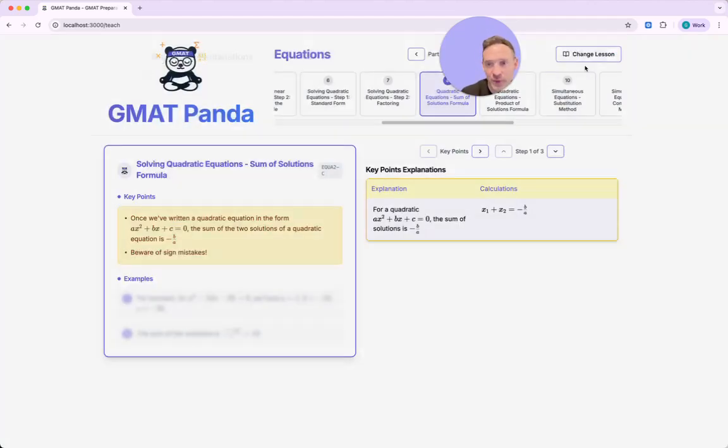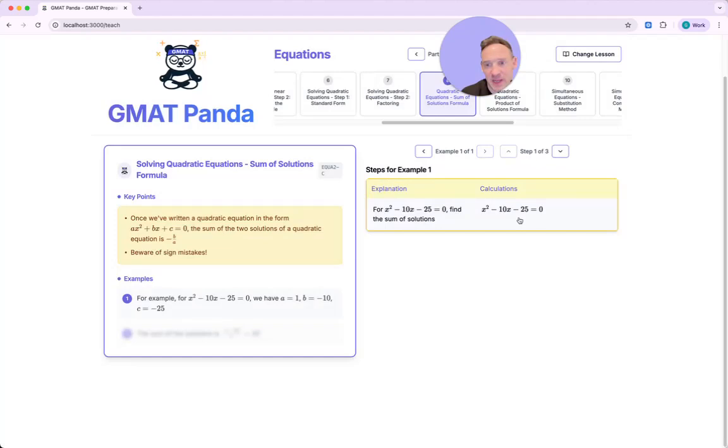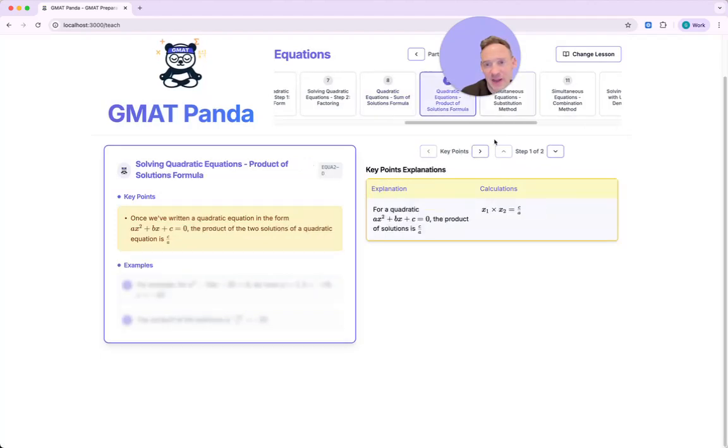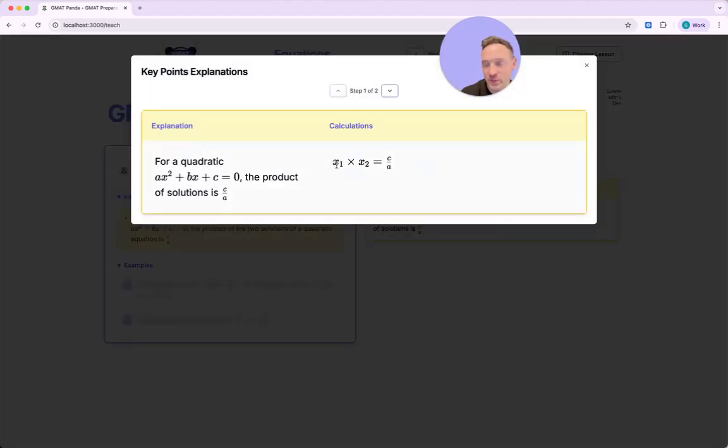We also have this formula here, which is that the product of your two solutions is equal to c over a. Here, these are very similar formulas to what we did before. The difference is we're talking about the solutions, not the factor terms. And remember, the difference between the two is a negative sign, which is easy to forget and often prone to causing errors in the GMAT.